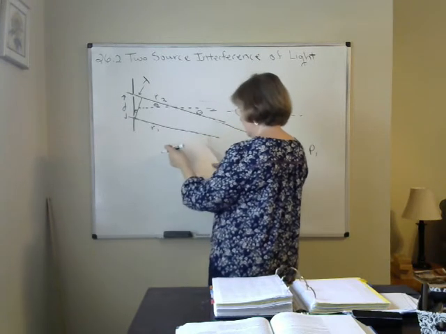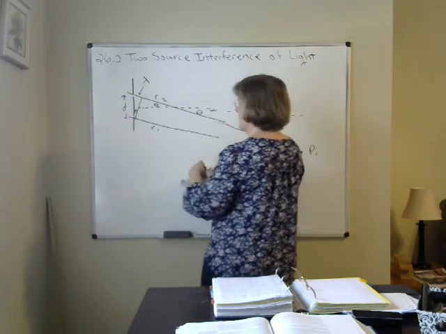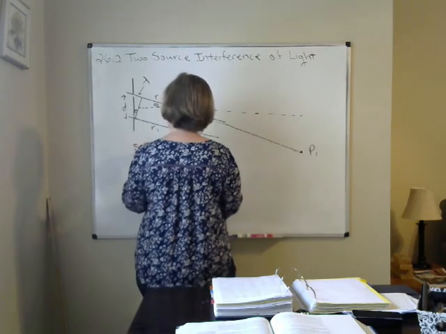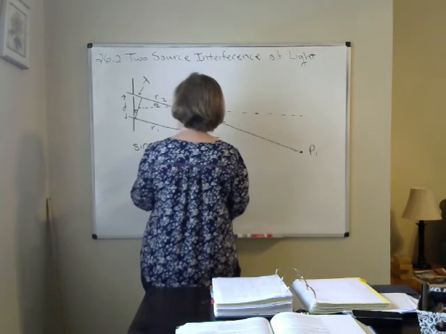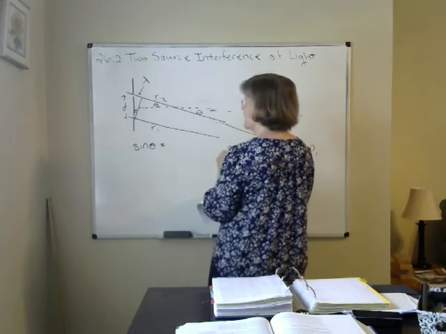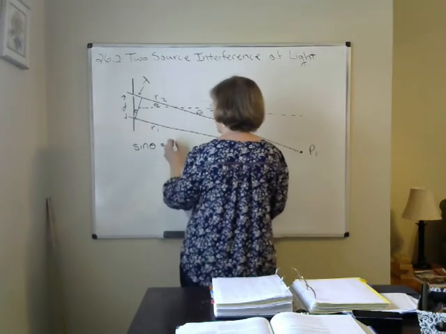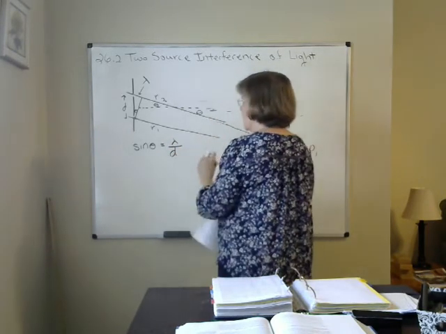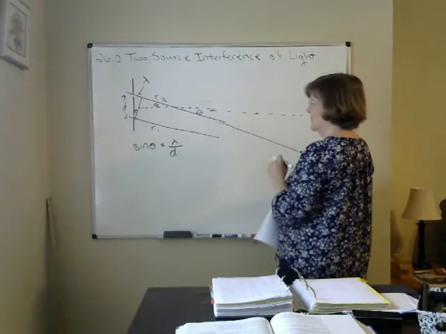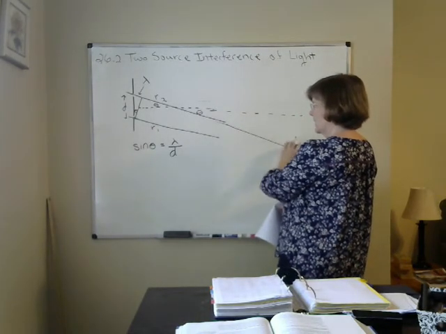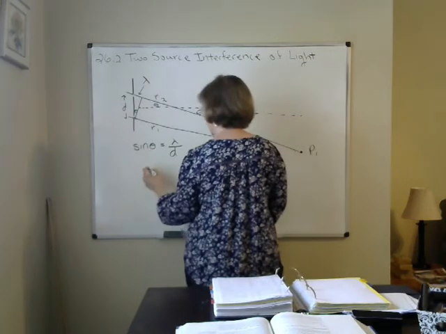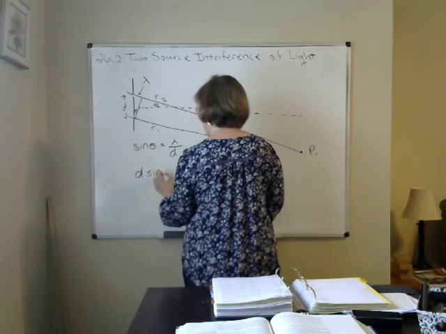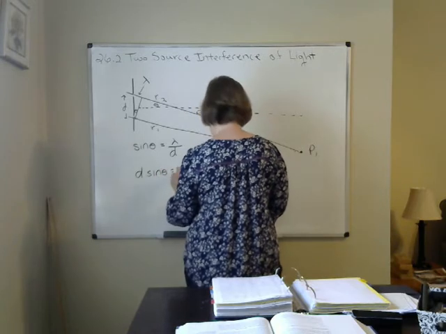That gives me a relationship that says sine theta, well, sine is opposite over hypotenuse, would be lambda over d. So that first bright spot occurs when we have this relationship, or d sine theta equal lambda.